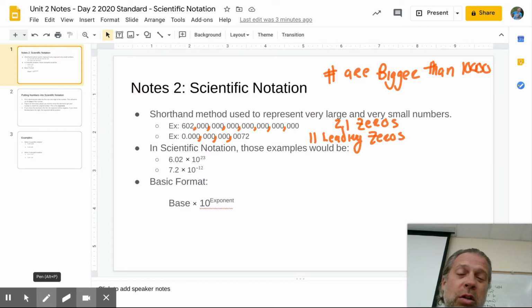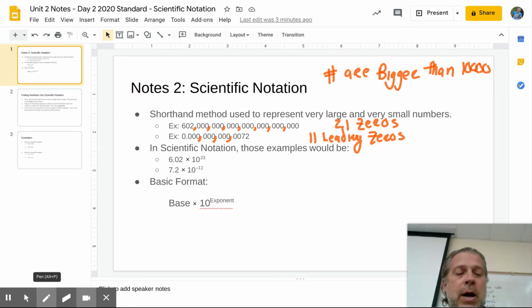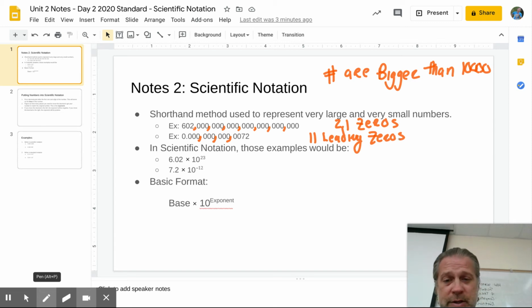And all of those zeros are really important when it comes to talking about the number. So we can't just cut it off and write 602, because 602 is very different than 602 with 21 zeros after it. And so that's what scientific notation is really getting after.